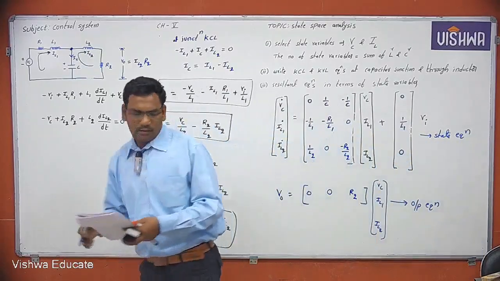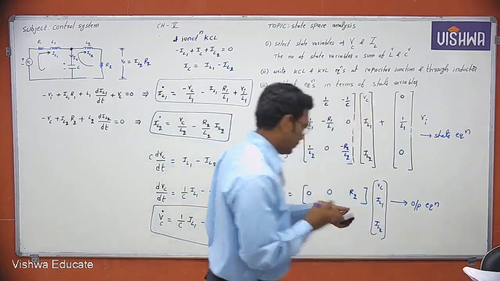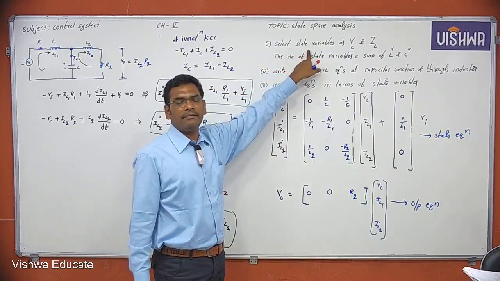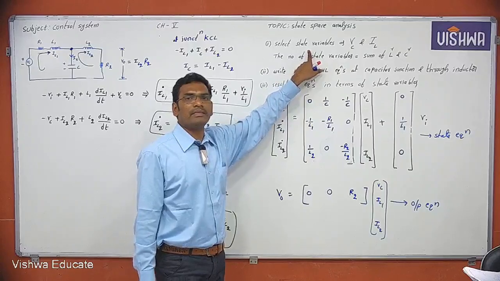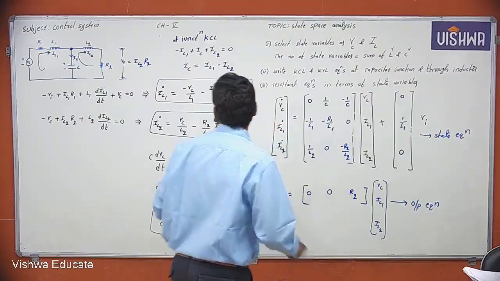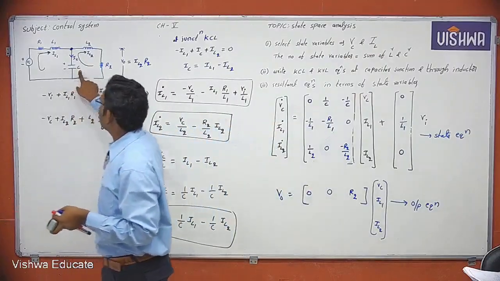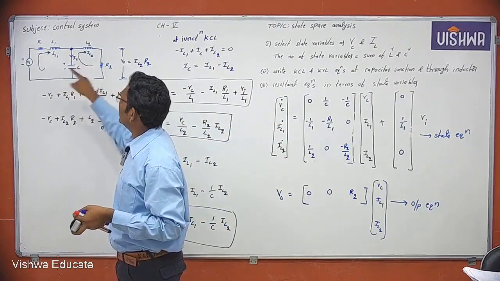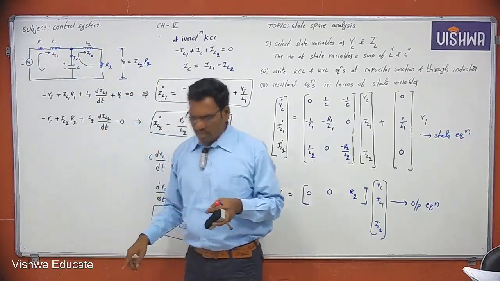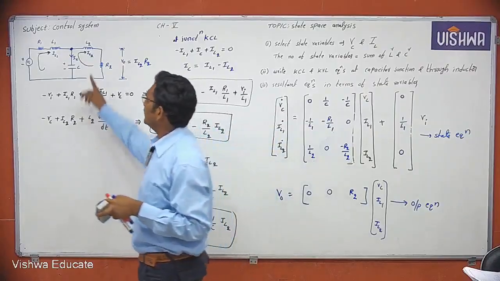Okay. So I will just explain once again. Listen carefully. So first identify the state variables. Identify the state variables means the state variables are the voltage across a capacitor or the current passing through an inductor. Therefore, Vc, the voltage across the capacitor, is one state variable. IL1, the current passing through the inductor, is the second state variable. IL2, the current passing through the second inductor, is the third variable.